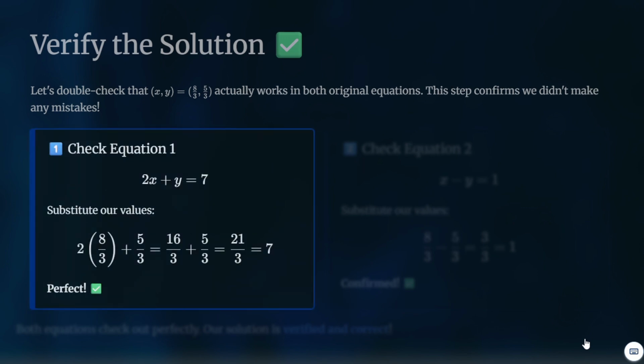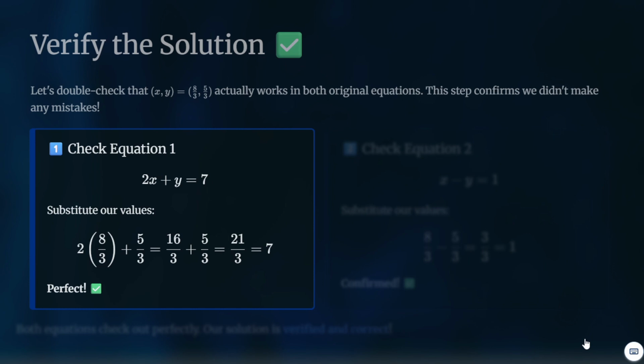Our first equation was 2x plus y equals 7. Substituting our values, 2 times 8/3 plus 5/3, is that equal to 7? Well, 2 times 8/3 is 16/3 plus 5/3, that is 21/3, and 21 divided by 3 is indeed equal to 7.